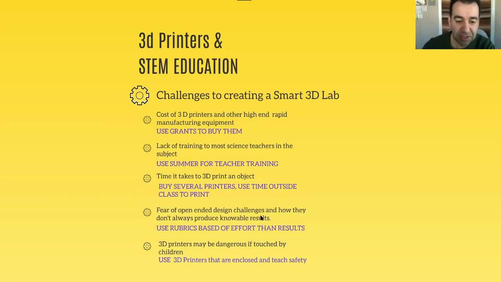Another challenge was that most 3D printers are slow, and it will sometimes take an hour to print one object. So I proposed buying more than one printer for the classroom and using downtime, whether it's lunch break or evenings and after class, to print the objects. The objects will print overnight, and the students will come the day after and have them ready.